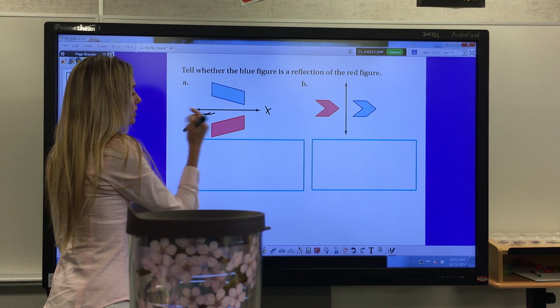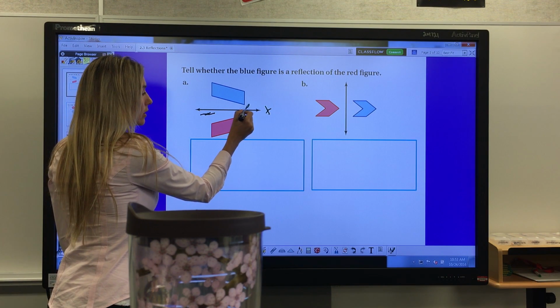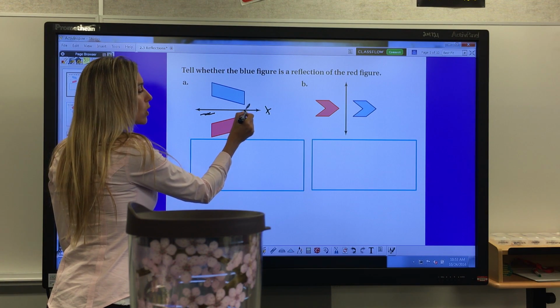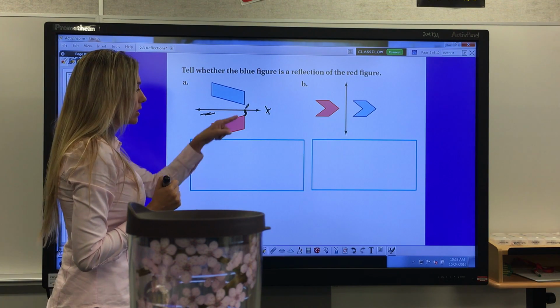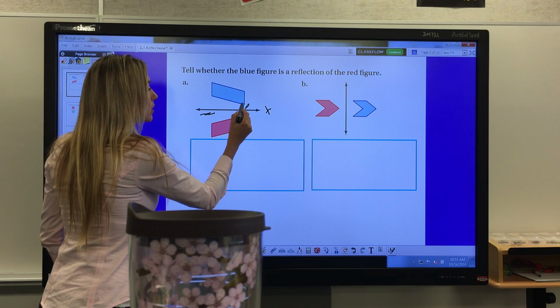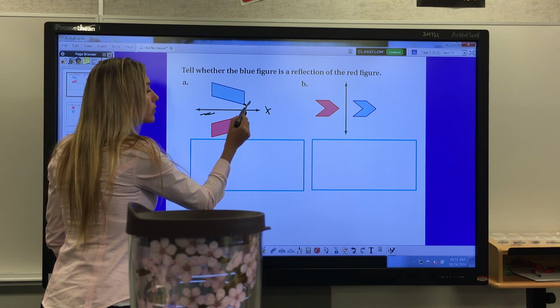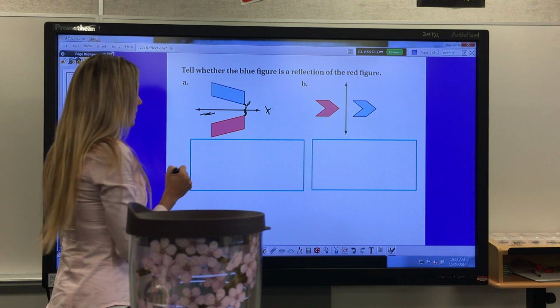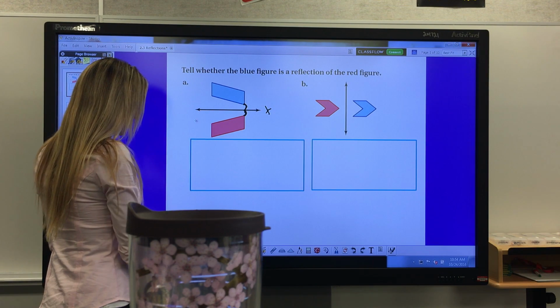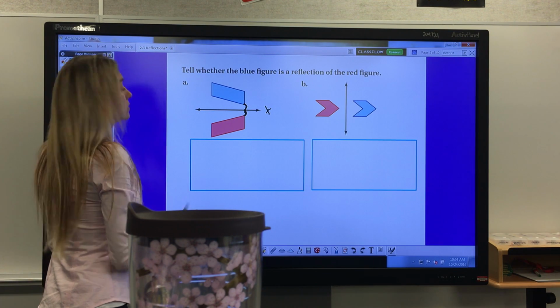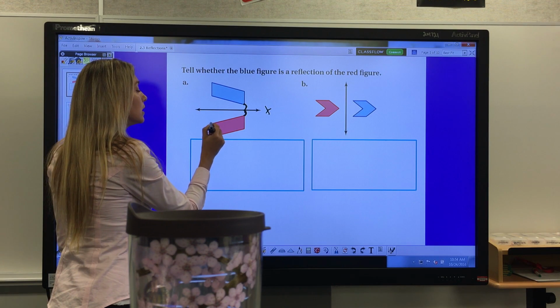Well, let's think about it. This point in here is, for instance, 1 unit away from the mirror, from the line of reflection. That point should see itself also 1 unit away from the mirror. And it does, right?